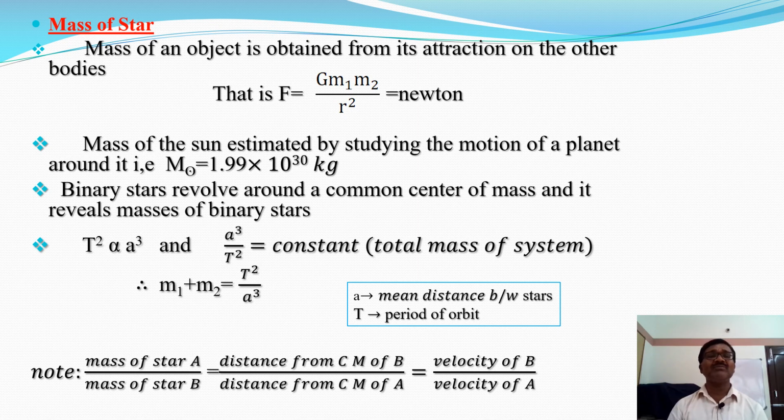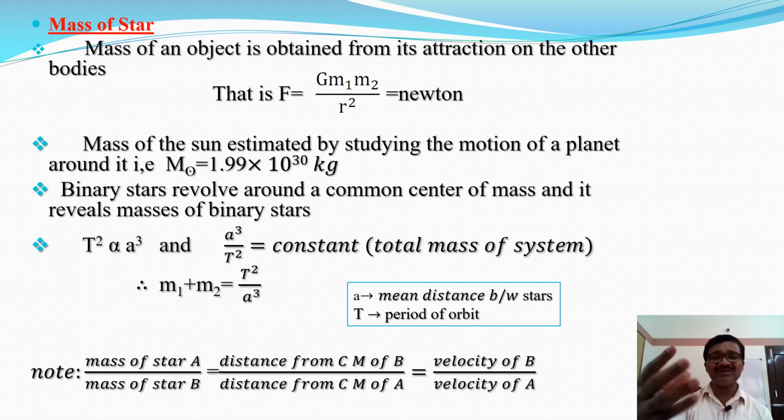By this, we estimate the mass of the sun by studying the motion of the planets around it. The mass of the sun is around 1.99 into 10 raised to 30 kg. This is one of the methods to find the masses of stars.